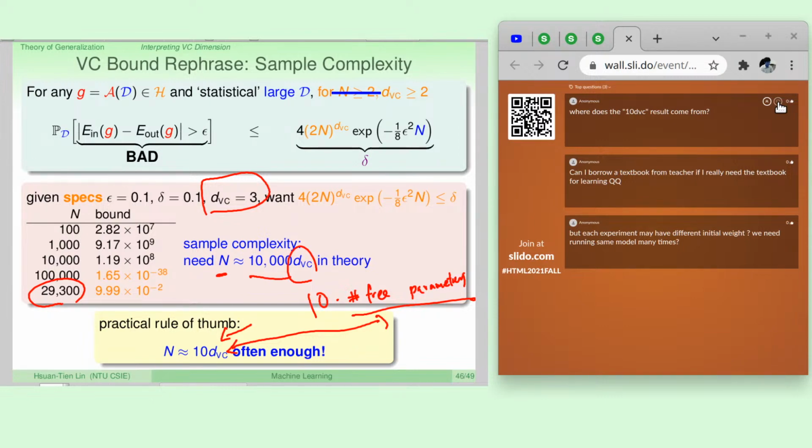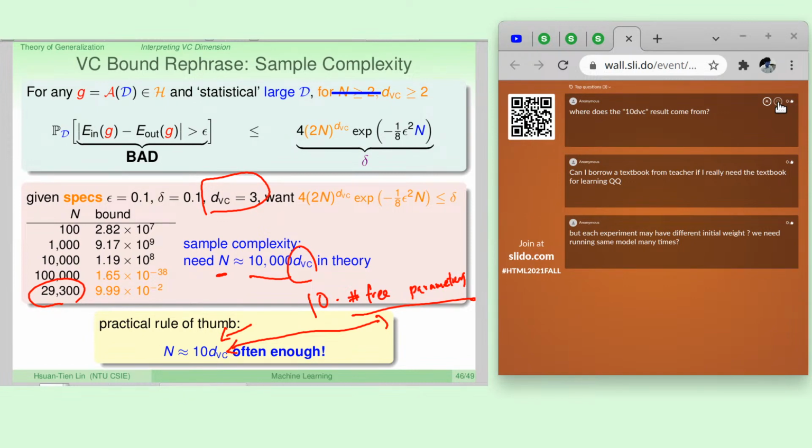Following this question, I want to add another important concept: if you have 200 examples on hand, you should perhaps consider a machine learning model with around 20 VC dimension. You set your model complexity according to the data you have.